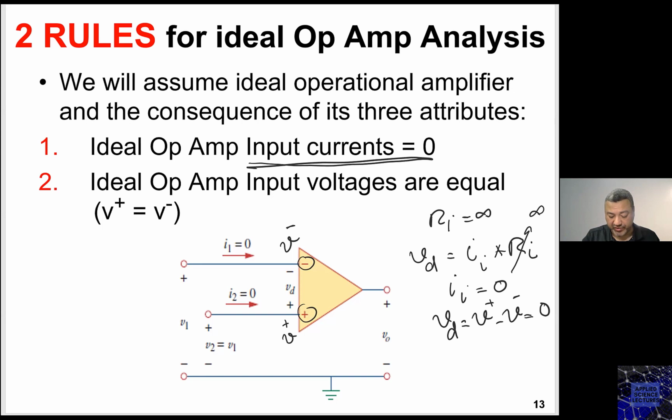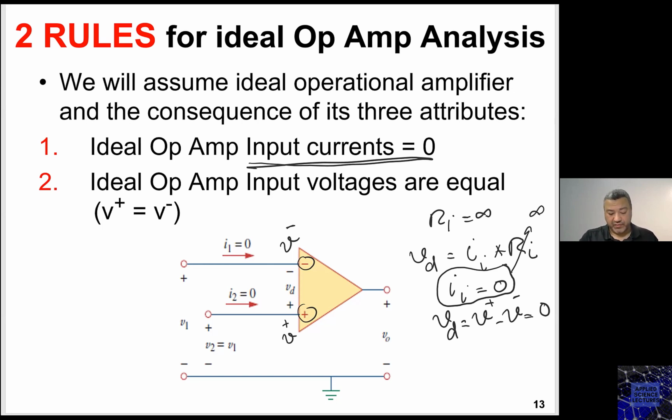Why? Because the current entering into the op-amp is zero, because the input impedance is so high. Ideally, it's infinity. So the current entering into it is zero, and this is going to result in VD also being zero.